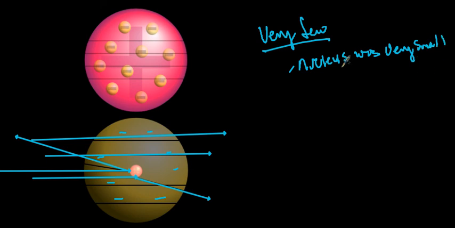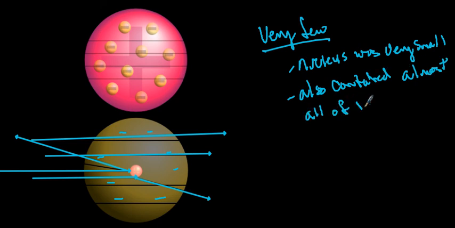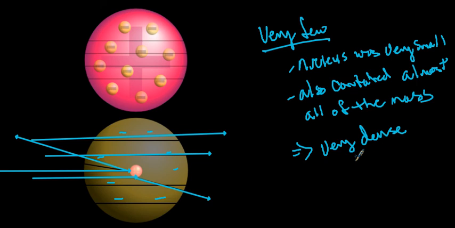But we also knew that it also contained almost all of the mass. Which meant that it was also very dense. It was very small, and all the mass meant it was a very dense material that was strong enough to withstand the punishment of an alpha particle coming in, hitting the nucleus, and then bouncing away.